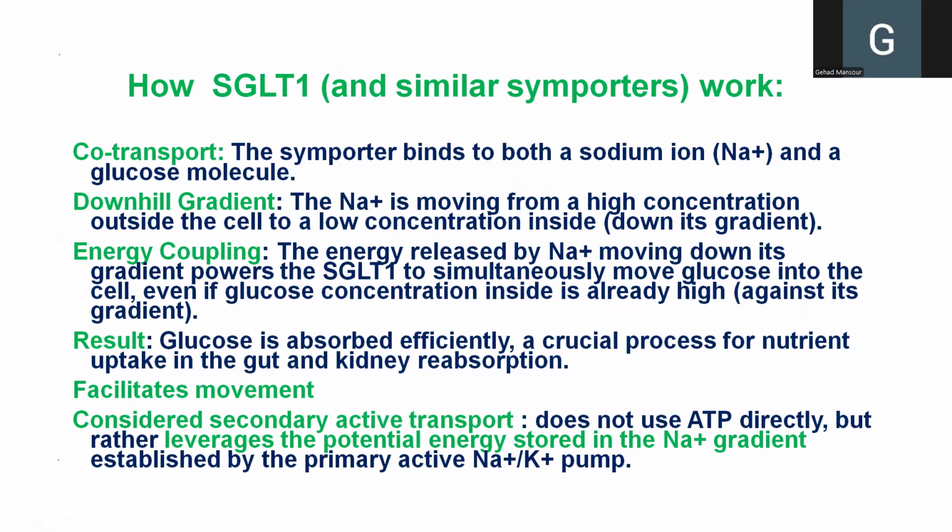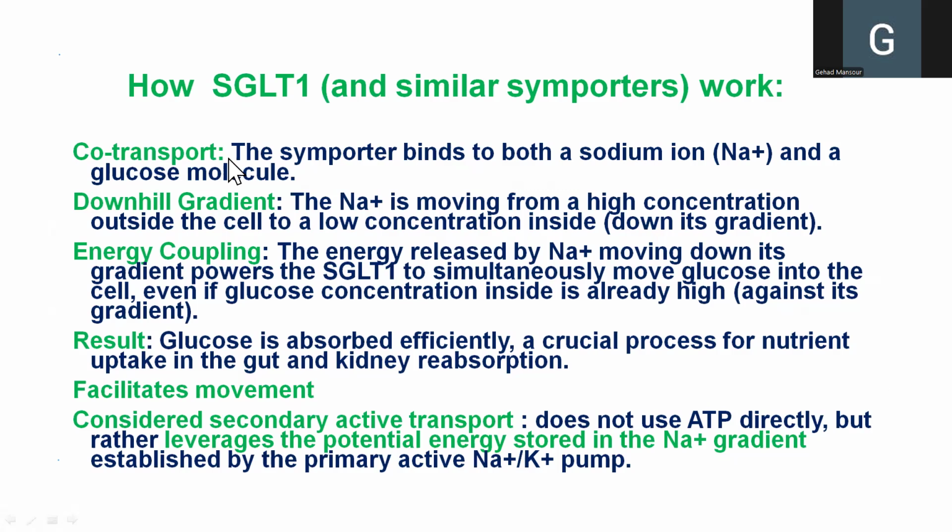So again, how does the SGLT1 and the similar symporters work? First of all, we would rather write a better title for this slide, which is the characteristics of the SGLT1 symporter and all the symporters.